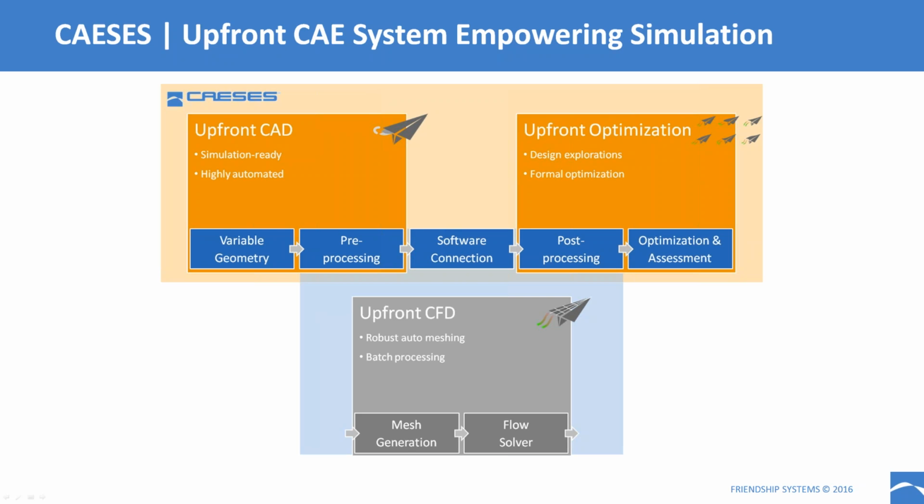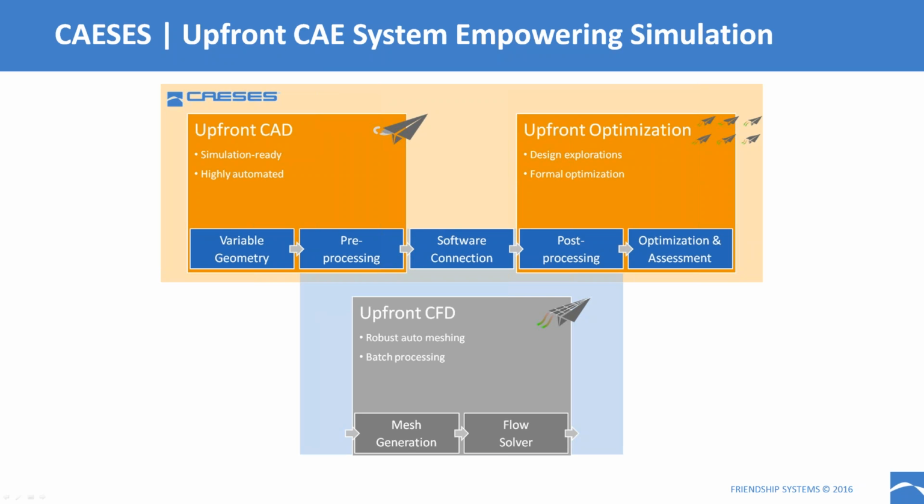We have connect to external simulation software, so we don't have any included simulation within CAESES, but we offer a generic interface where you can couple different types or arbitrary types of simulation softwares. In the process that we showed last week and also we're showing this week, we will have a bit more of a manual interaction between the two systems of CAESES and the simulation by transferring the geometry from one to the other.